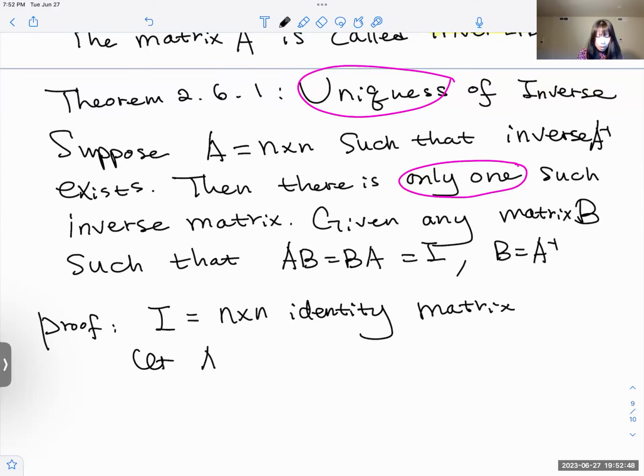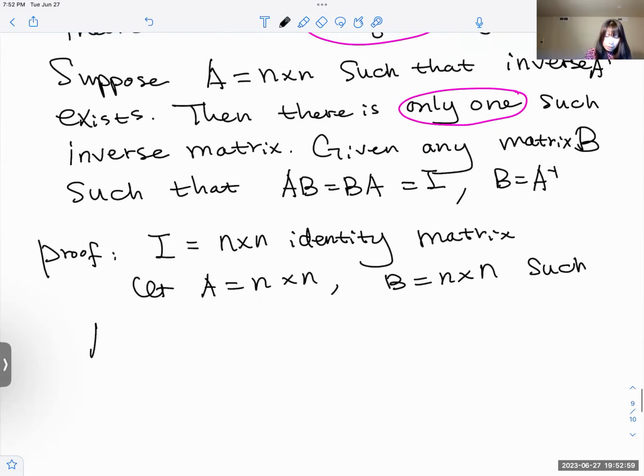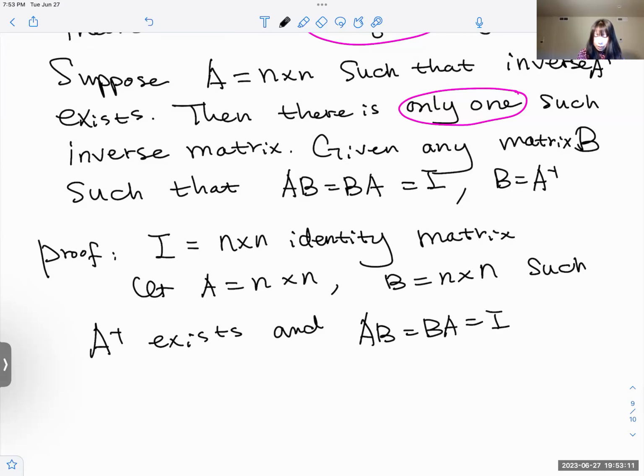And let A and B be n by n matrices such that the inverse exists and AB equal to BA equal to identity.